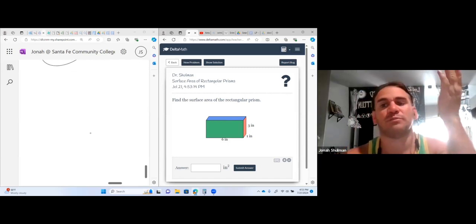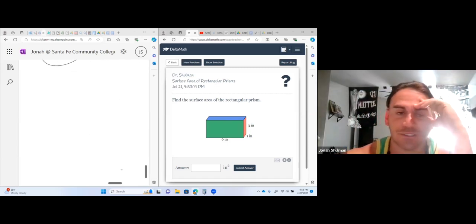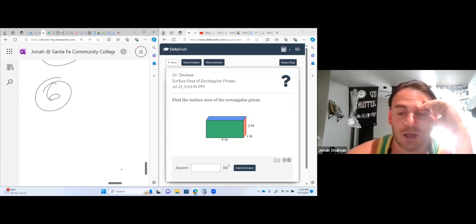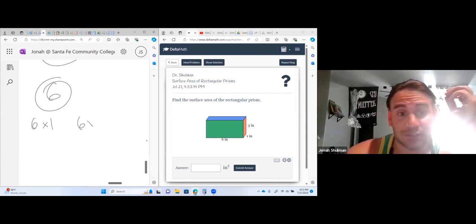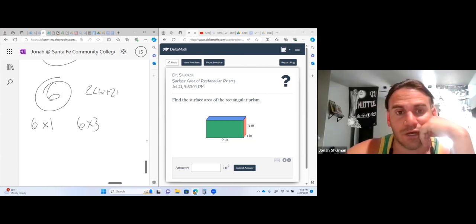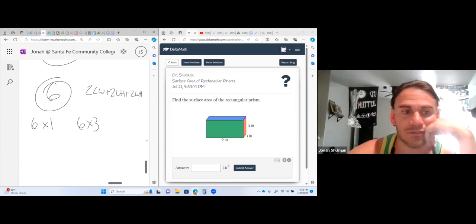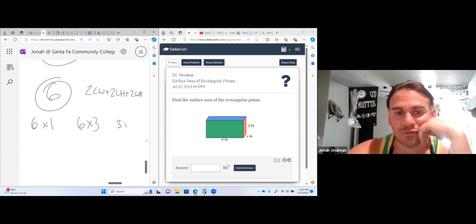Surface area. So we're just painting the box. Nothing crazy. It's got how many sides? 6 sides. So I always think about it as we do each of them. So 6 times 1, this is how I do it. You can use the formula if you want, 2LW plus 2LH plus 2WH, but this is what I do. 6 times 1, 6 times 3, 3 times 1.